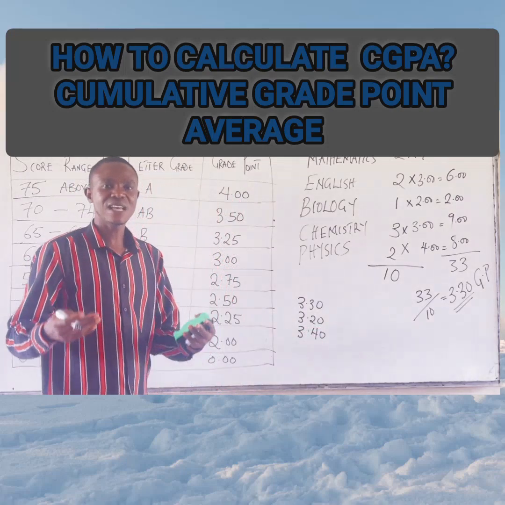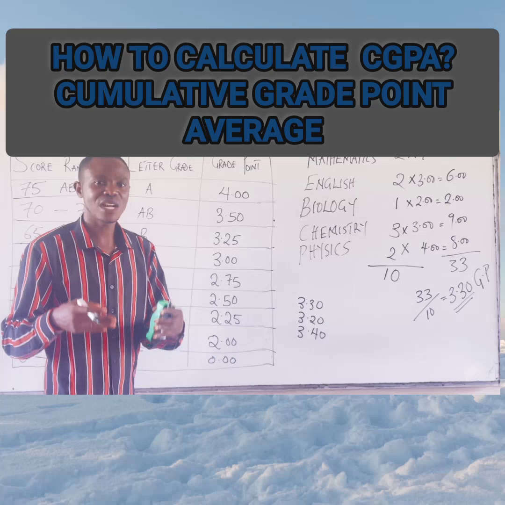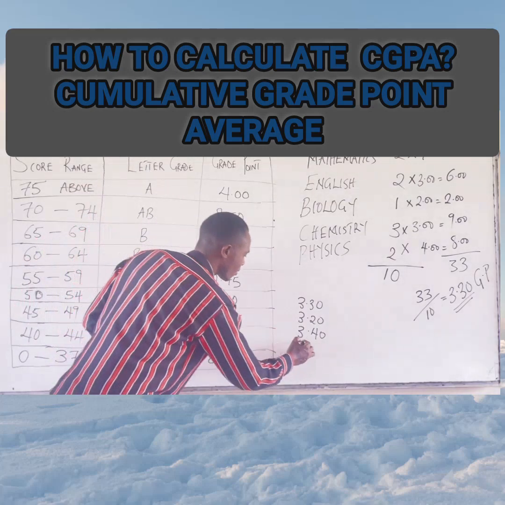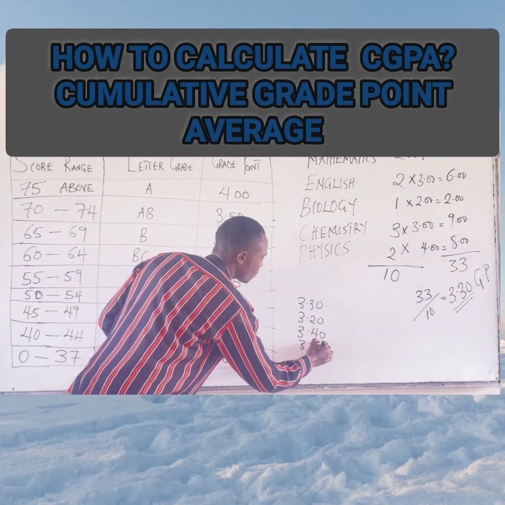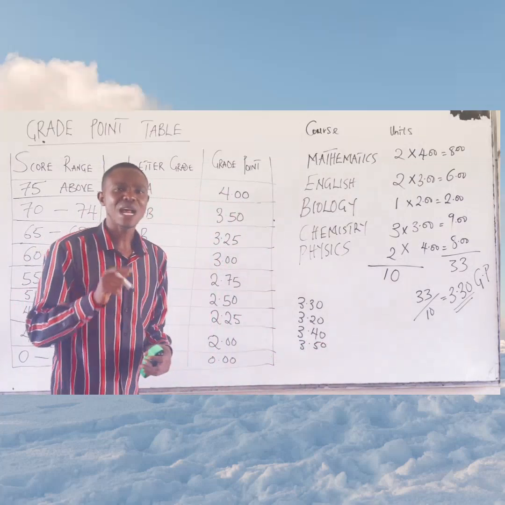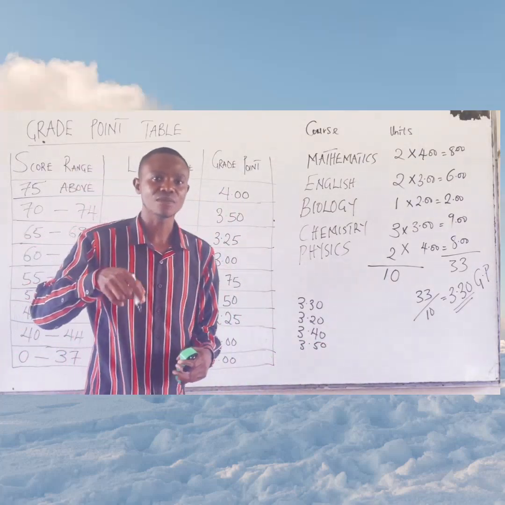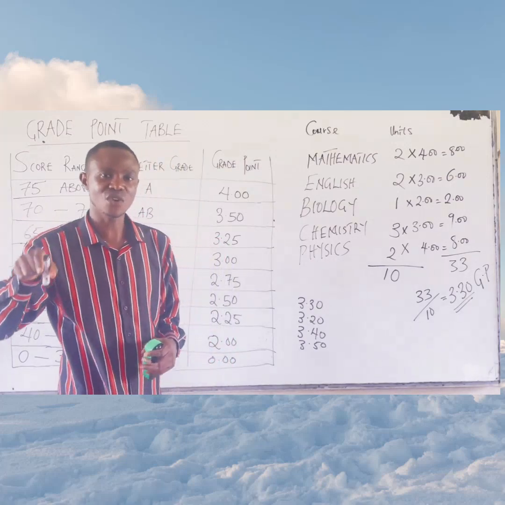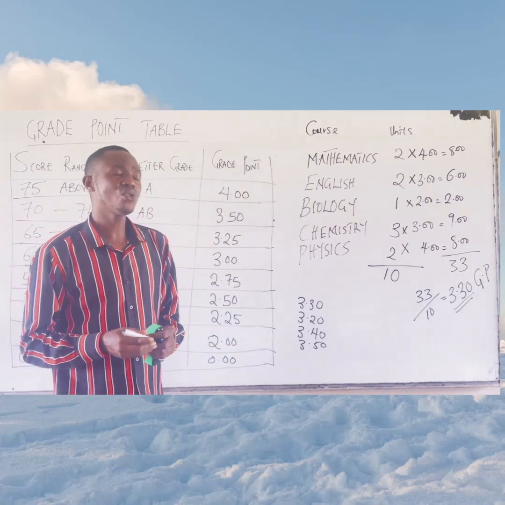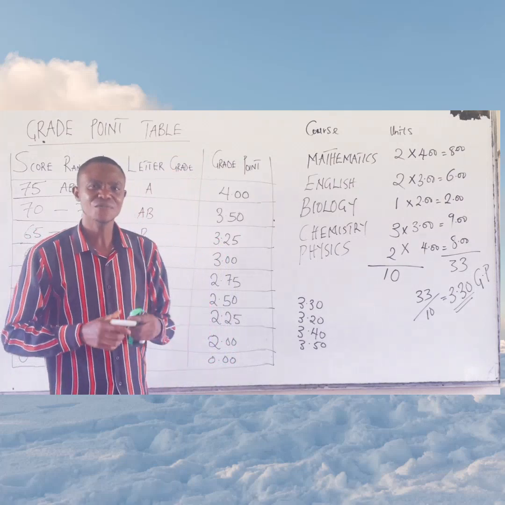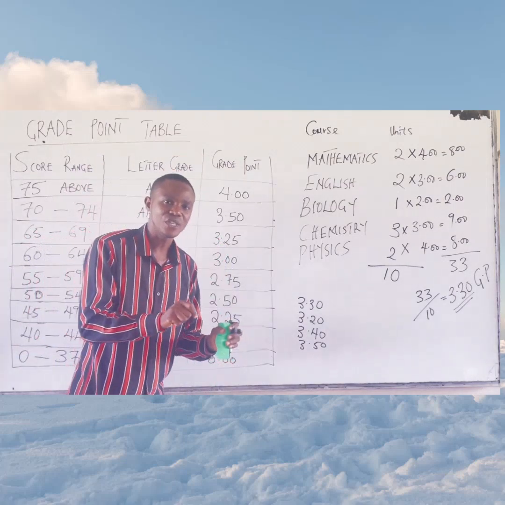And maybe in second semester of National Diploma 2, you got 3.50. How do you now calculate the GP you are going to be graduating with, your graduation GP, which is also known as cumulative grade point average?